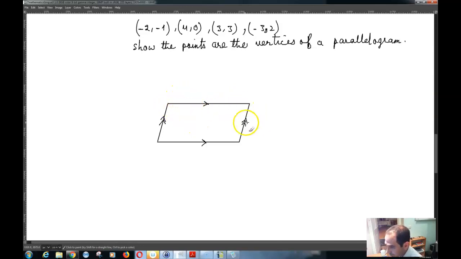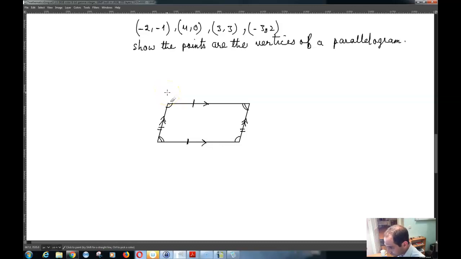And then of course, if that's the case, this angle is going to be equal to this angle, this side is going to be equal to this side in length, and any two adjacent angles are going to be supplementary, 180 degrees.